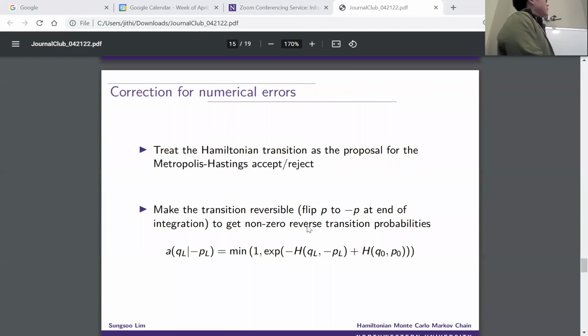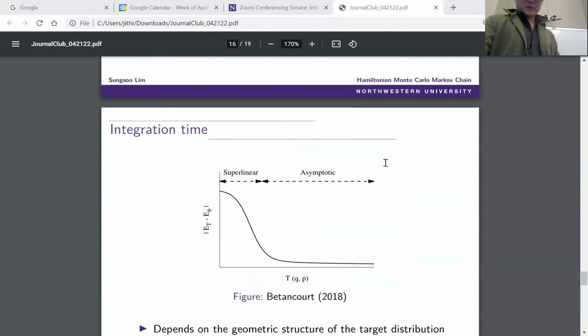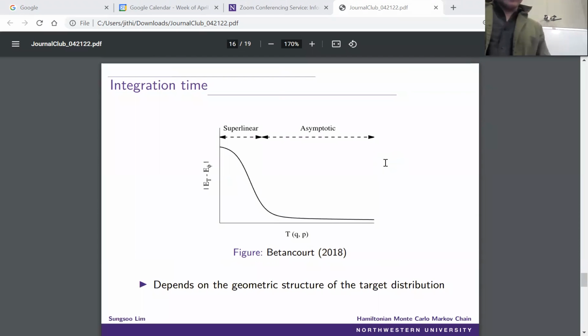In order to do that, we negate the momentum variable that we get at the end of integration so that the reverse transition probabilities are non-zero. And the acceptance probability is just the following.